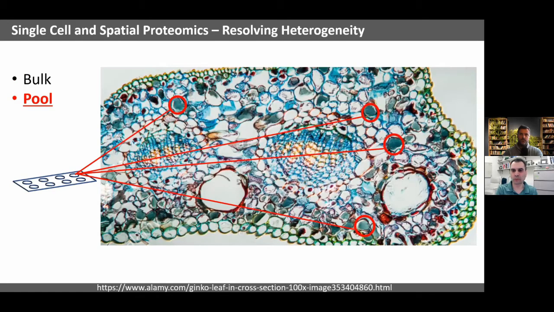Other approaches towards resolving heterogeneity, and by the way, each of these approaches is valid in its own right for different applications. So we have different tools for different applications. One thing we can do is look for phenotypically similar cells or regions and pool those together into a single sample that can then be analyzed by mass spectrometry-based proteomics.